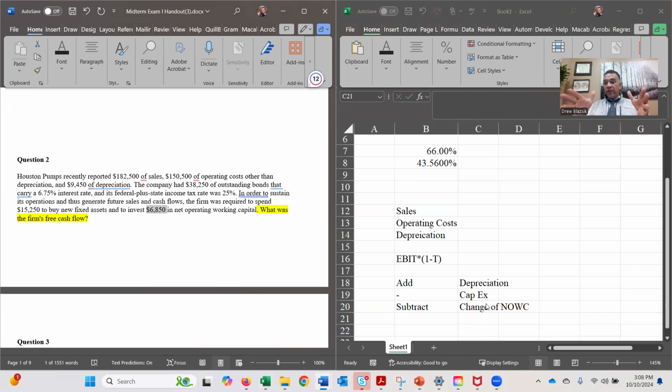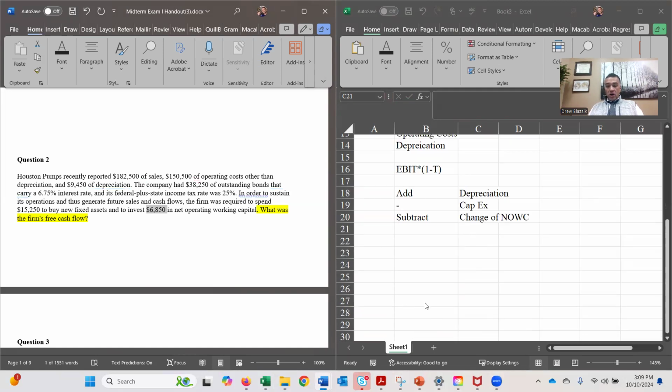If you remember from chapter 3 or 4, when we did the whole balance sheet, we want to know the change of net operating working capital. If accounts payable changed, that's a positive. We got more cash. That's credit. If accounts receivable changed, we give credit to the customer, and that increases, meaning less cash. Inventories, all that stuff. So you want to subtract that out, and that is going to be the answer for our free cash flow.